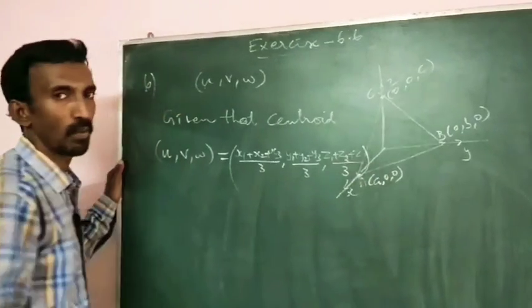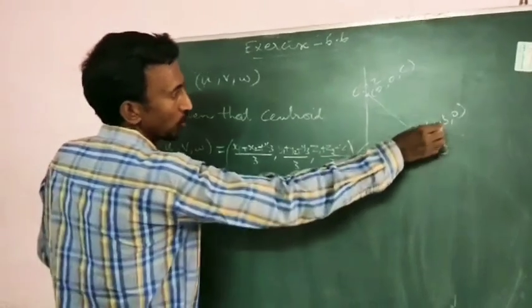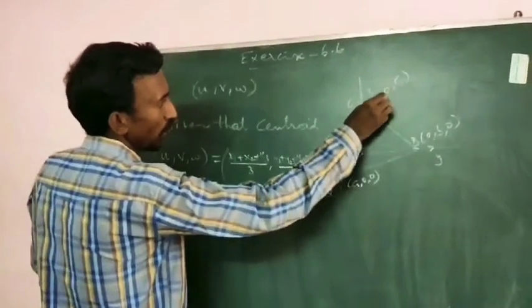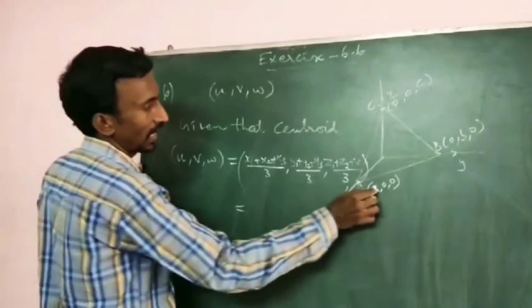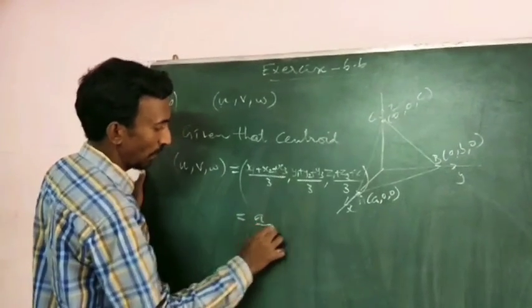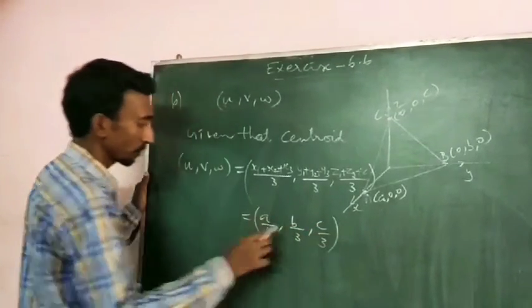That is the centroid formula. Take it as x1, y1, z1, x2, y2, z2, x3, y3, z3. Okay. So if we put it here, we are getting a plus 0 plus 0. So a by 3, b by 3, c by 3.